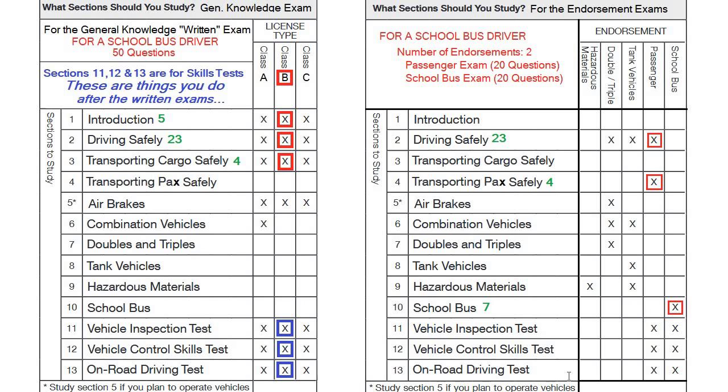So I'll be doing other videos. This is for the school bus driver CDL exam. I think becoming a school bus driver is a great way to get your CDL because, number one, they provide you with the training, and number two, they let you use a vehicle.